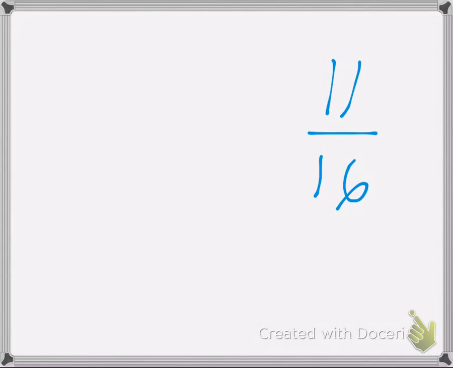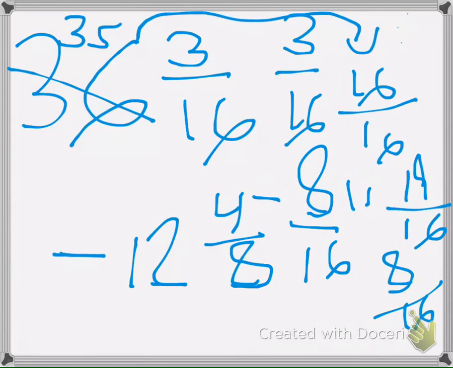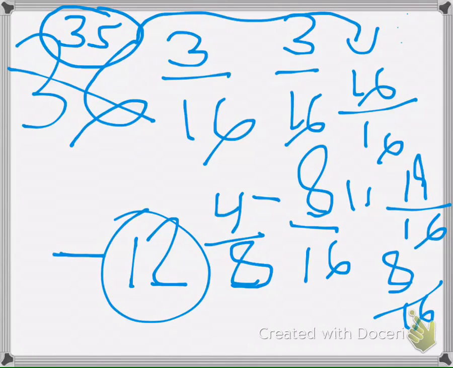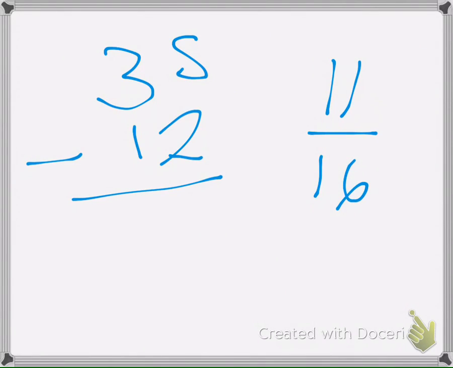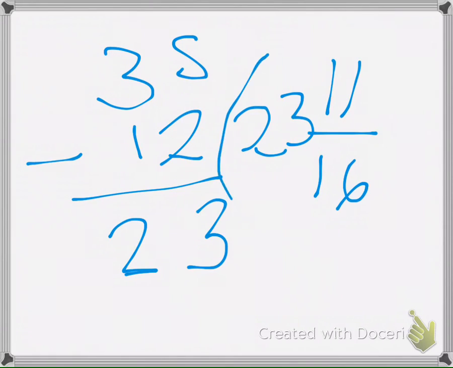Now you need to go back and look at the whole numbers, which are 35 and 12. So 35 minus 12 is 23. So 23 and the fraction is our answer.